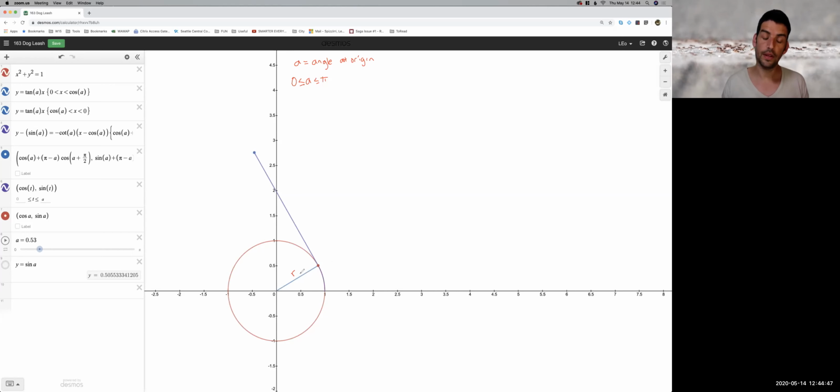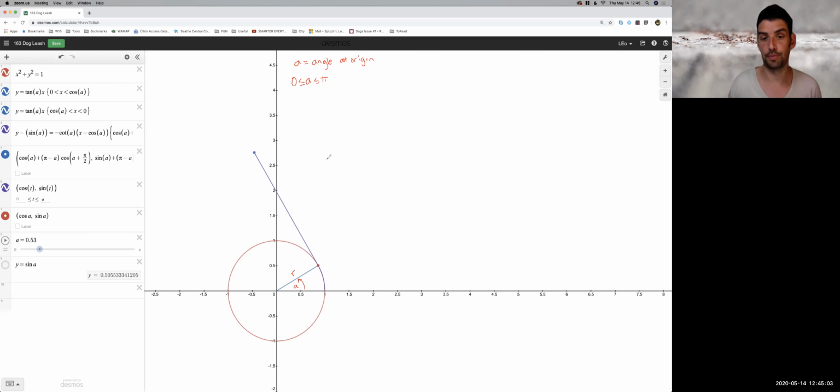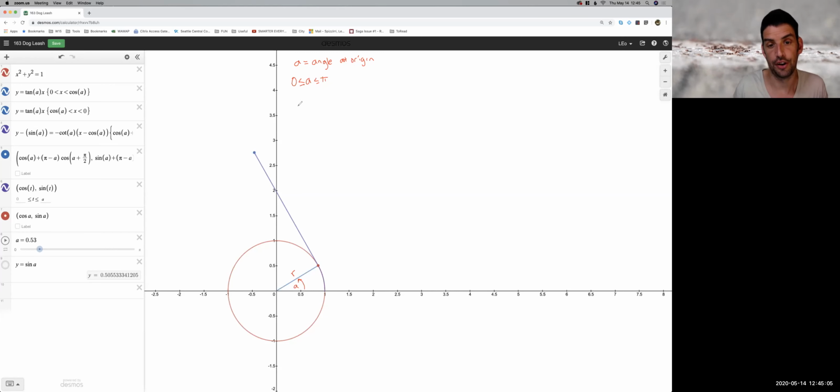So I want to describe this point here in terms of the angle A and R. R is a constant, and then A is going to be the parameter in our equation. Well, we have a very simple way to describe circles with parametric equations. The equations are always going to be R cosine the angle, so I've called my angle A, and R sine A.